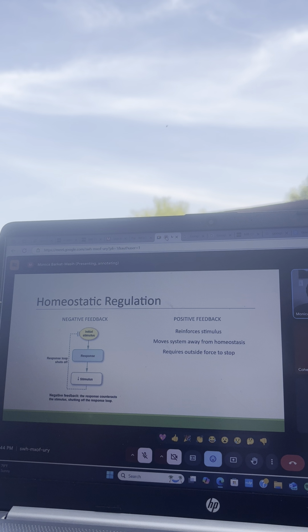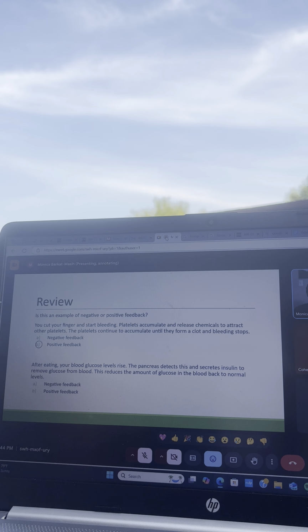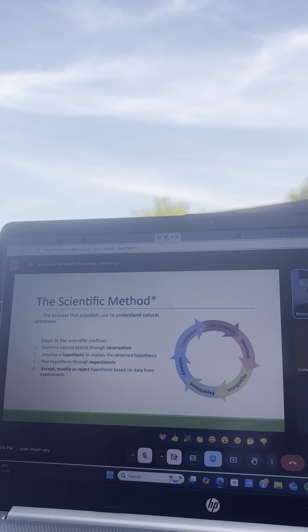Okay, so we're done with that. Now, scientific method. What are the different steps in the scientific method? The first thing is observation.